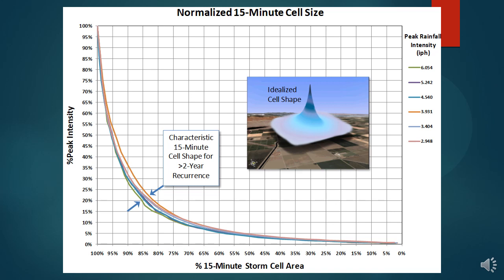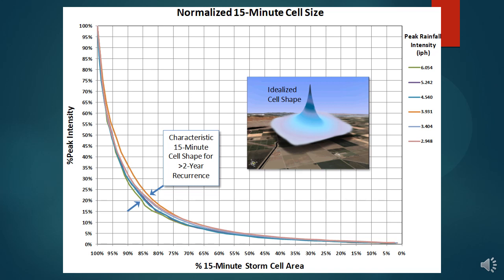It looks like an extremely exaggerated peak intensity in our little idealized cell shape there in the upper right of our chart. I call it a witch's hat. Let's say I'm interested in finding out the typical area that's under the highest peak intensity of the storm itself, in other words, underneath the tip of that cone.